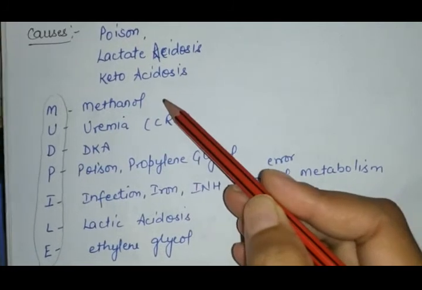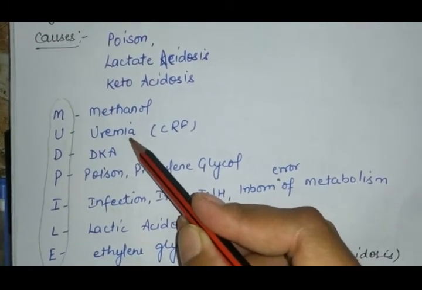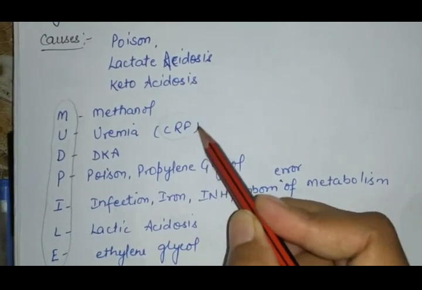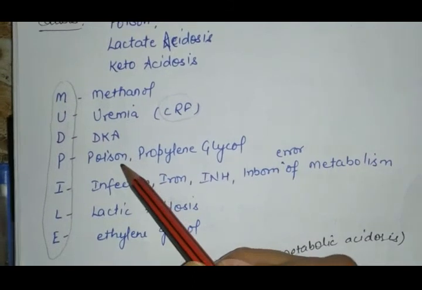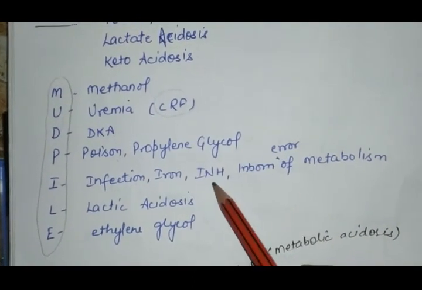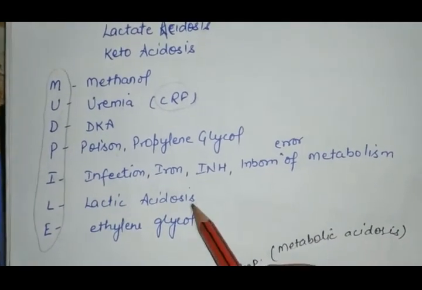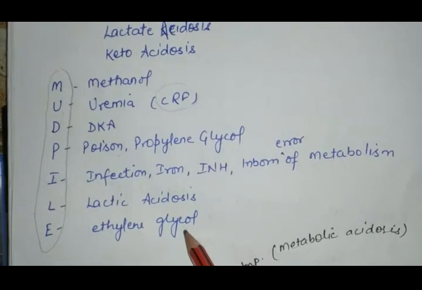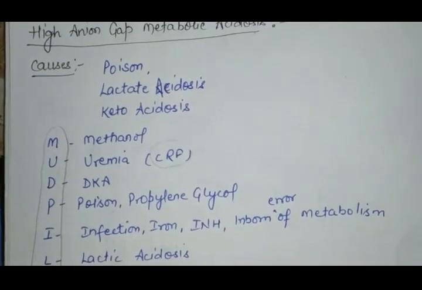M is methanol, U is uremia, that is increased uric acid, happening in chronic renal failure. D is diabetic ketoacidosis. P is poison, propylene glycol. I is infection, iron, isoniazid, inborn error of metabolism. L is lactic acidosis. E is ethylene glycol. These are the causes for high anion gap metabolic acidosis.